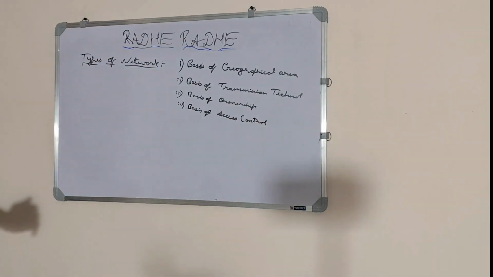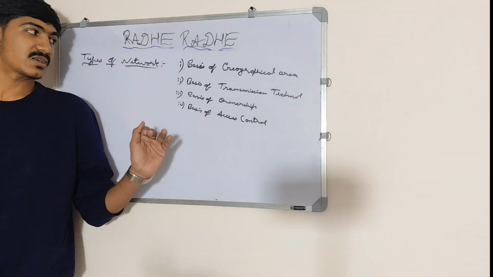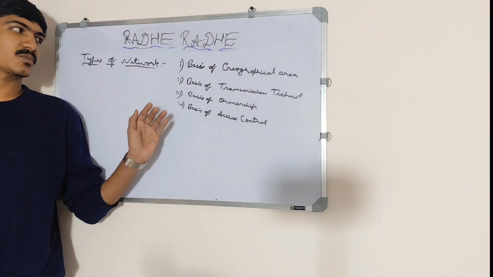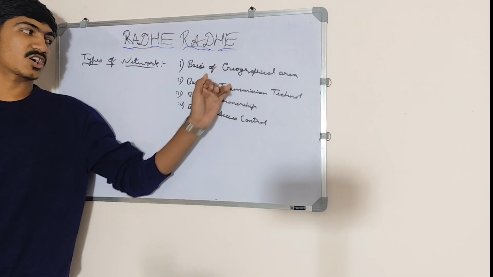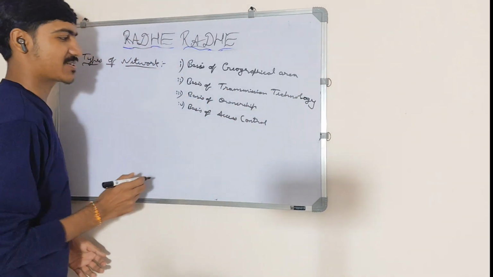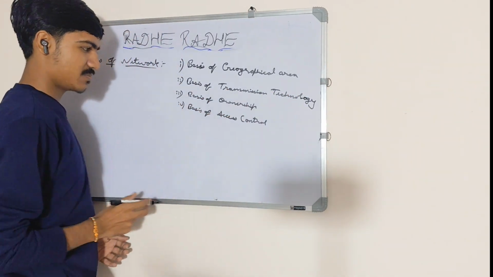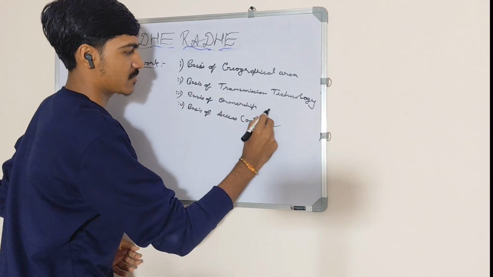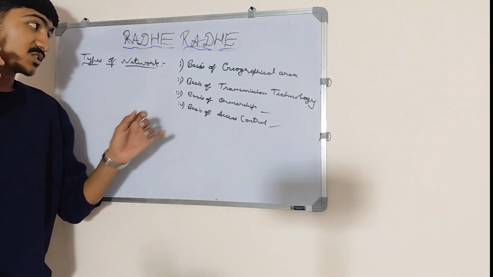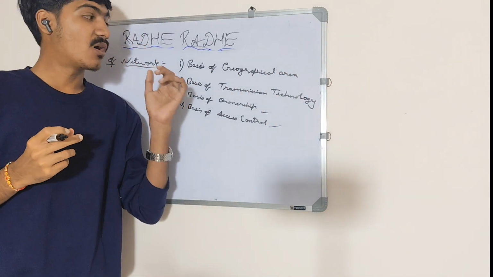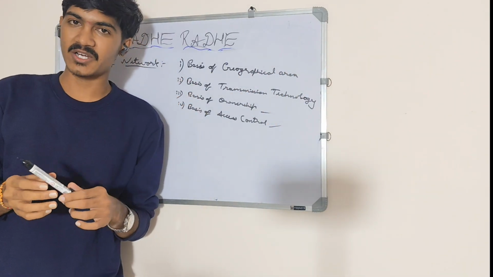Types of network can be classified on the basis of these four parameters: geographical area, transmission technology, ownership, and access control. Now, on the basis of geographical area, how many types of computer network can exist?